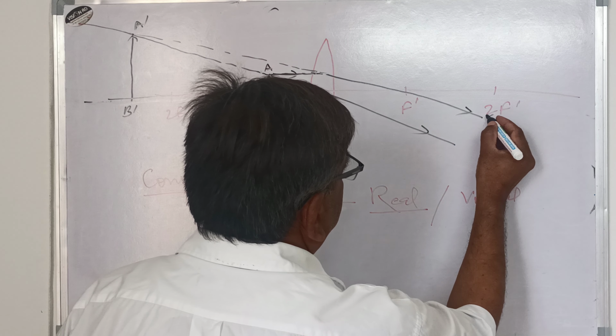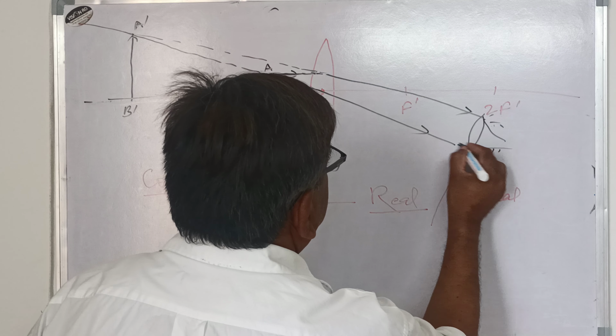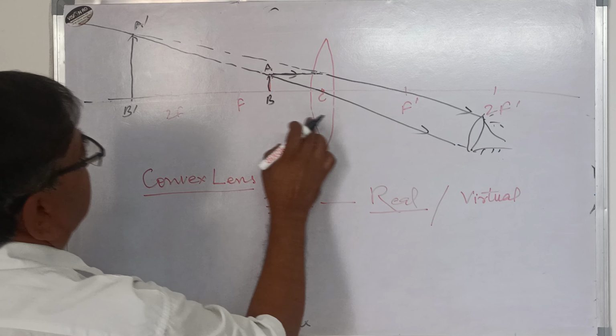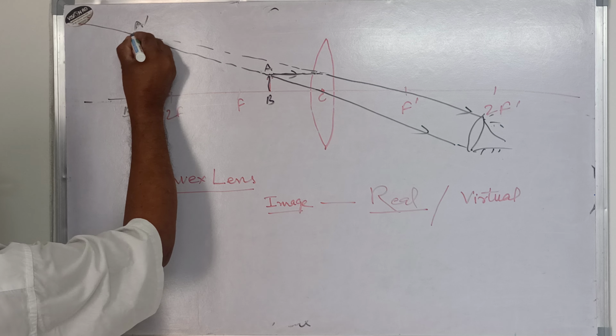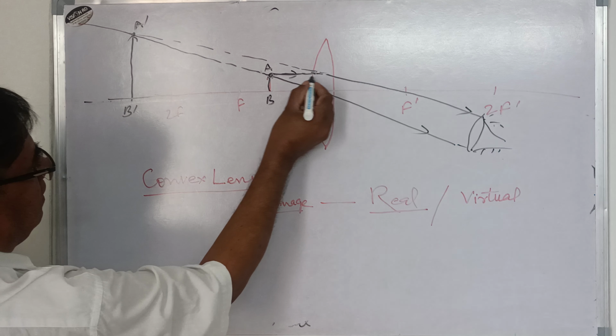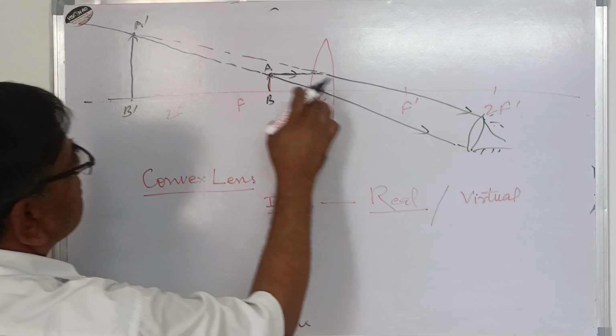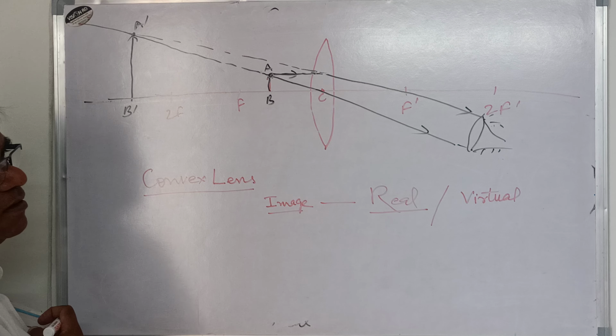When you see from here, both rays seem to be coming from this point. Rays started from here, and after refraction, when you see the rays, you will find that these are coming from here.